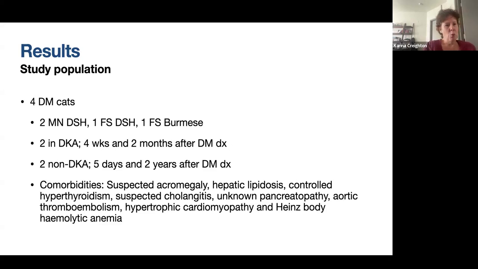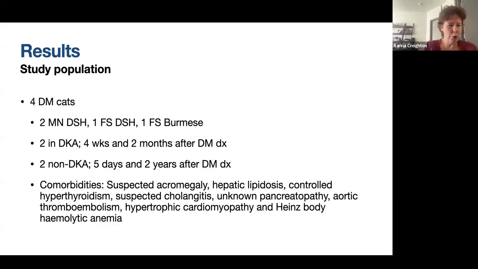So one factor when we come to the discussion is, will diabetic nephropathy become relevant in our patients, just because of often the fairly limited time span from diagnosis to death in our patients. There were 2 non-DKA patients.